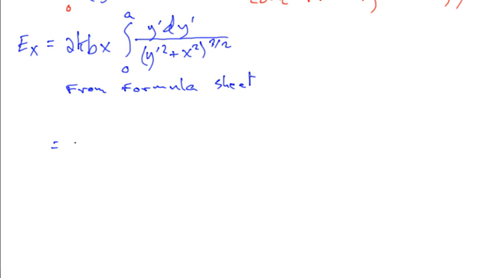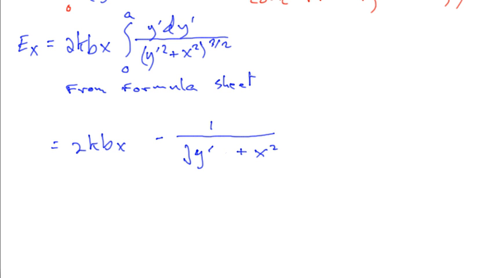we get that this is equal to 2kbx times a minus 1 over the square root of y prime squared plus x squared. I don't like that square in there. Let's see if I can make that a little more clear.